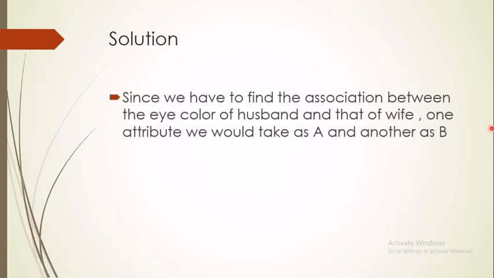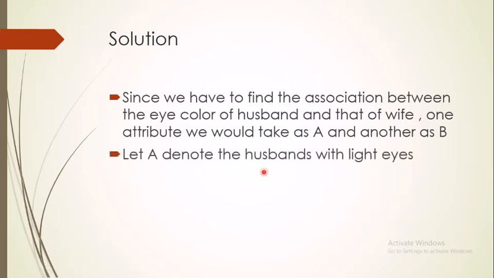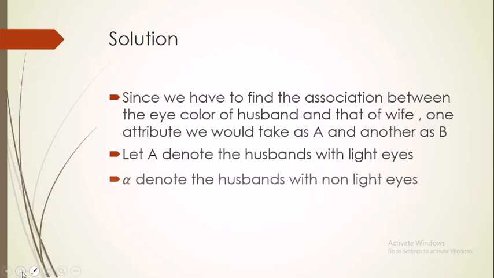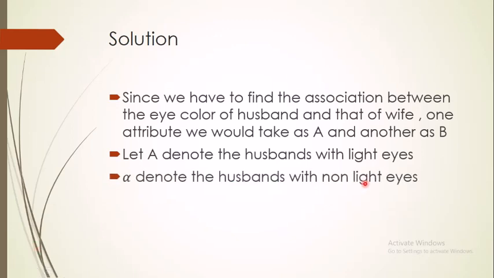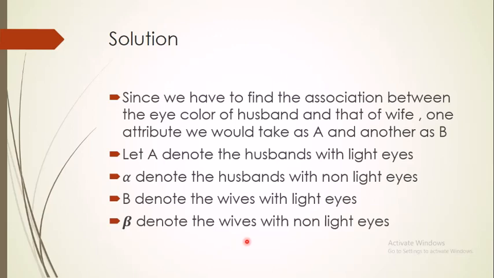Since we have to find the association between the eye color of the husband and that of the wife, one attribute we take as A and the other as B. Let A denote the husbands with light eyes, and let alpha denote the husbands with non-light eyes. Let B denote the wives with light eyes and beta denote the wives with non-light eyes.